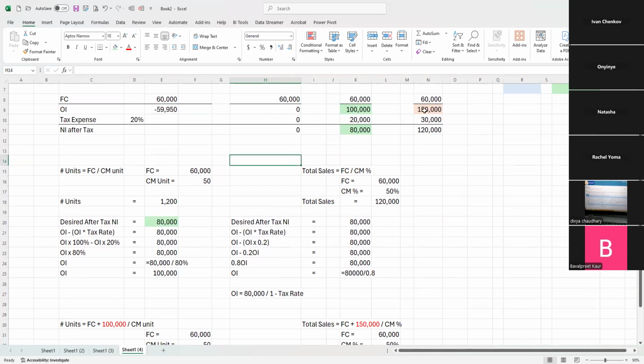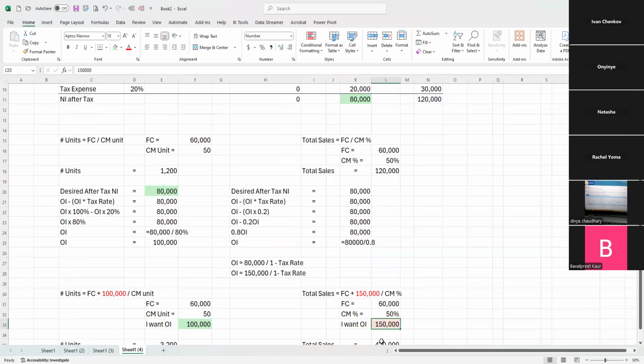And the same thing with this 150. If you want 150 here, what do you have to do? Now you know what you have to do. You have to get the operating income that you want, and that will be 150,000 divided by 1 minus the tax rate. And that's going to be the new number here. It's not going to be 150.